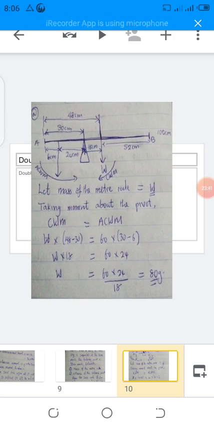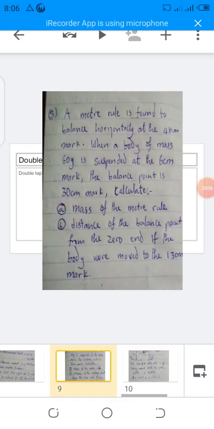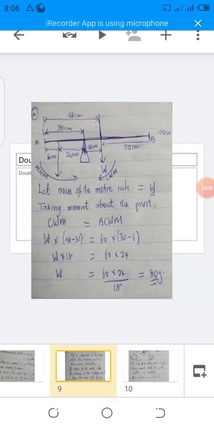Then if you look at the diagram now, the horizontal line I drew at the upper part of the diagram is representing the 48 centimeter mark. And the weight of the object is acting downward at that point, while the object is supported at 30 centimeter mark.